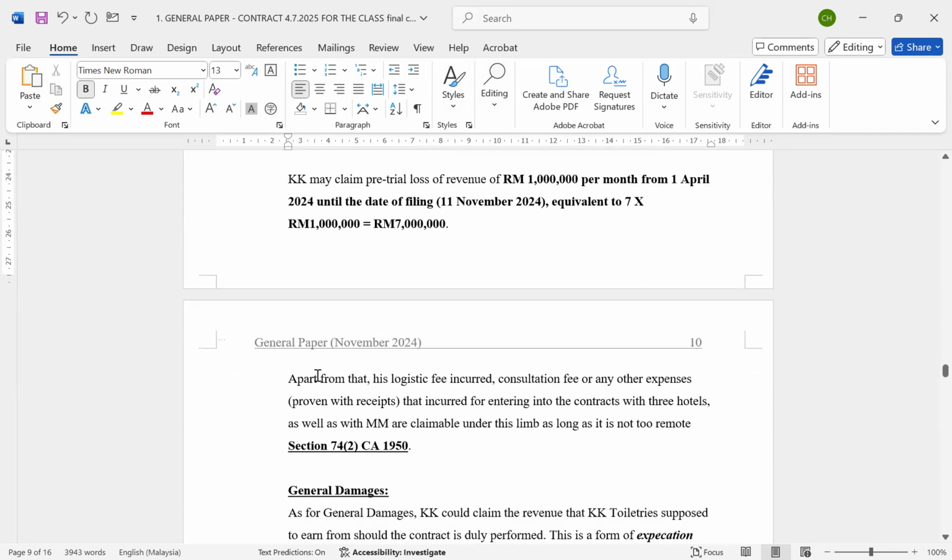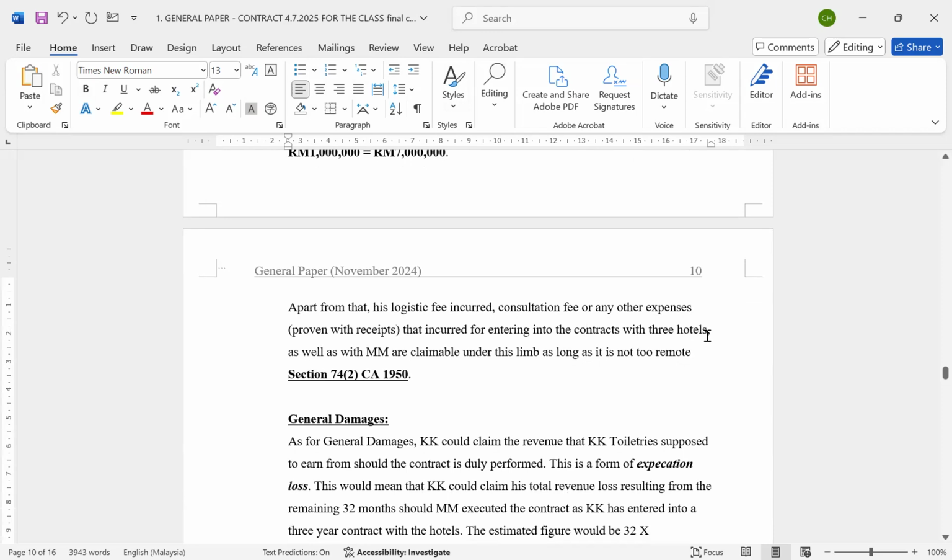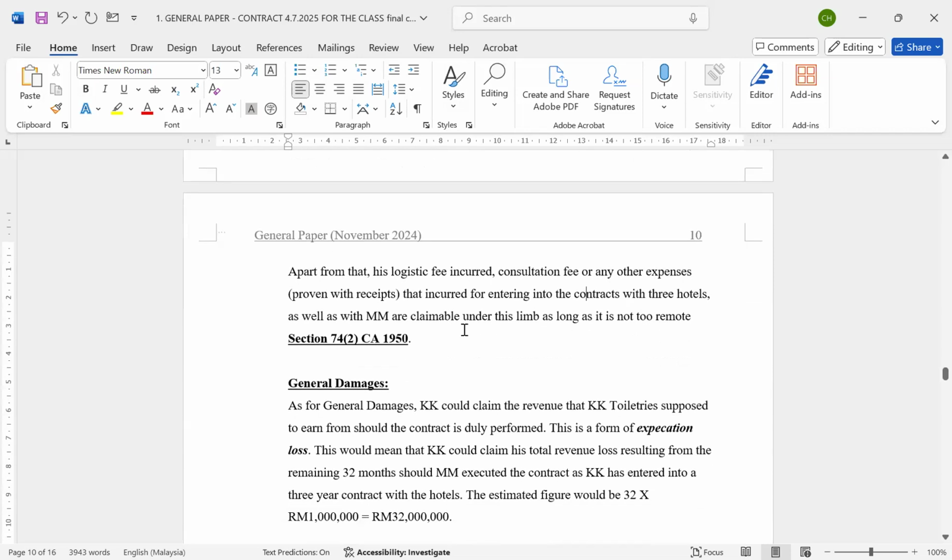Apart from that, just be a little bit more practical. Apart from this pre-trial loss of revenue, there are some other things which could be proved by receipts, which will be logistic fee, consultation fee, or any other expenses proven with bills or receipts incurred for entering into the contracts with three hotels as well as with MM, as long as it is not too remote.